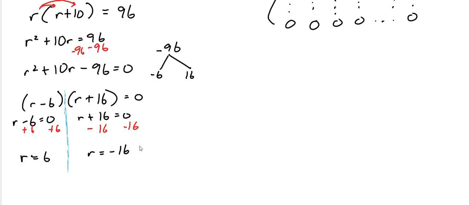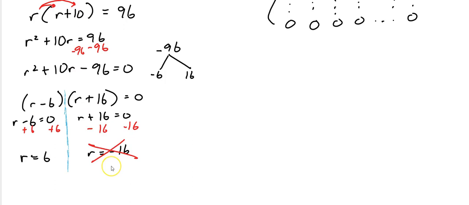Hear me when I say this. These are both correct answers to the equation, but they are not an answer to this real-world application. The actual answer is how many rows. Well, you can't have negative rows.